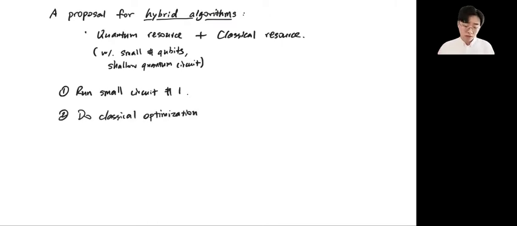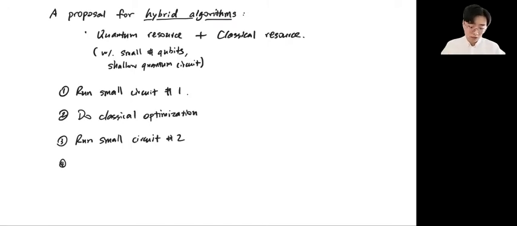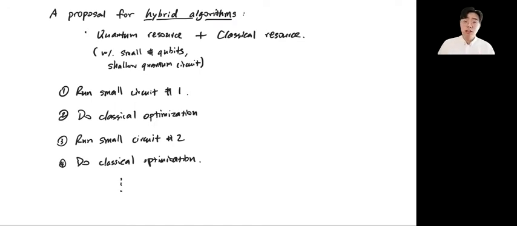And then you run your second quantum circuit and perform some classical optimization using the result from the new quantum circuit, and so on and so forth. You can interleave the classical processing with the quantum processing with the hope that with more and more iterations, your answer gets better and better.